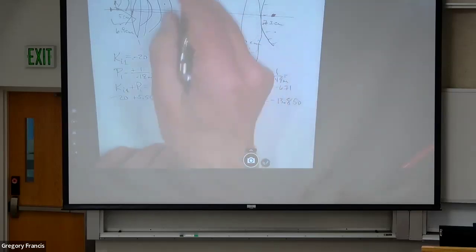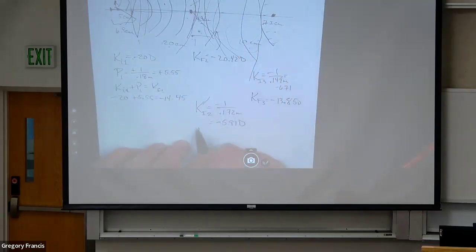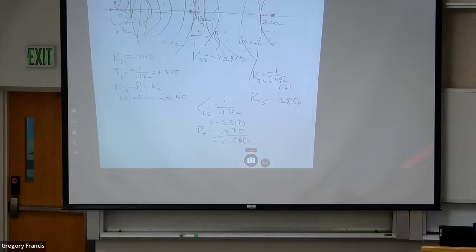Now, I've already got the power of 2. The power of 2 is still going to be negative 16.7 diopters. And so when I add those up, I get a negative 22.51 diopters. Let's just forget about the 1 there, okay? Negative 22.5.